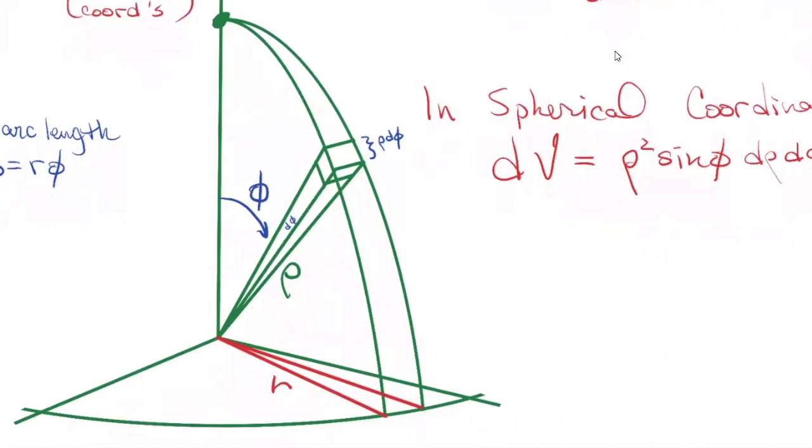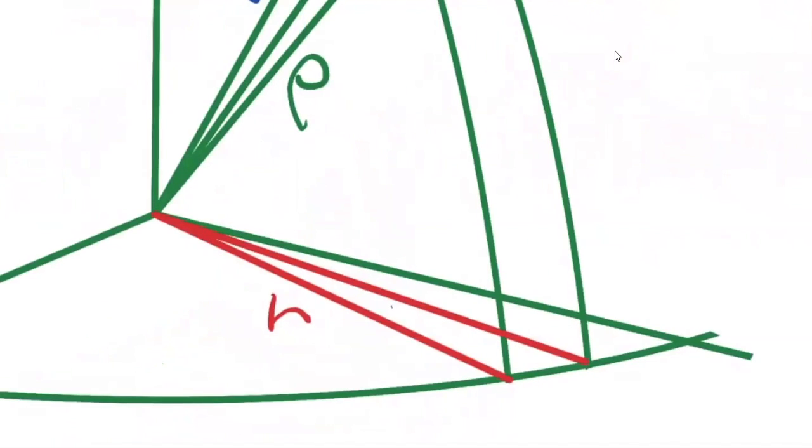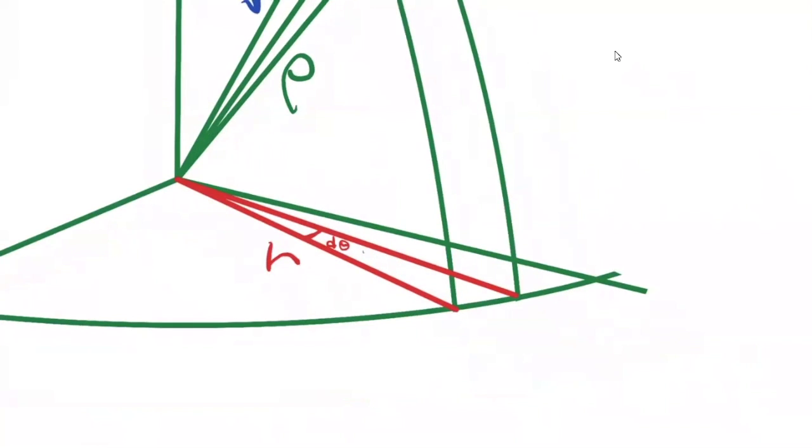Now down below, I'm going to have a d theta in the xy plane. So down here is d theta, which we've talked about lots of times. And this bit of arc length I'll do in red here real quick.